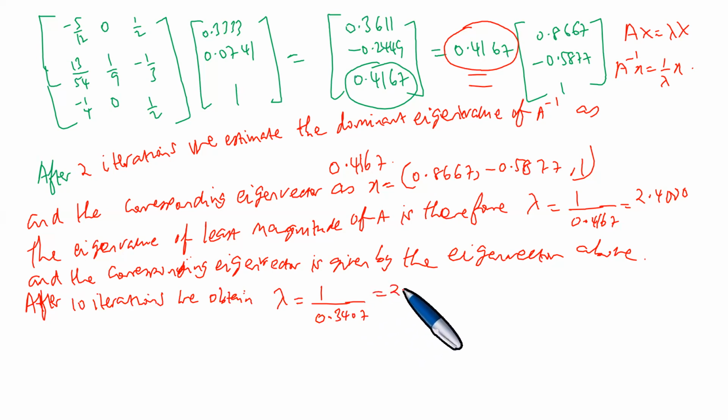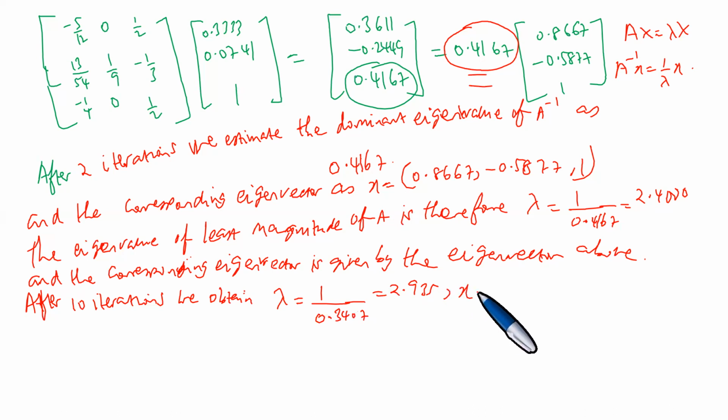And this, if you divide, is 2.935. Okay, you can see that here, this one was 2.4, which is very far from 3. But this one now, after 10 iterations, is getting closer and closer to 3, it's like 2.935. So we can see, therefore, it's closer and closer to 3.